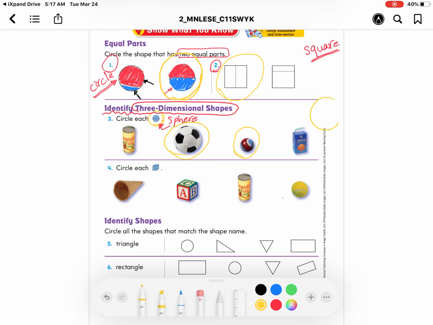Now, this is a sphere here. Do you see any flat surfaces? No. And what about the curved one? Of course. So it's curved. Okay, it has curved surface.